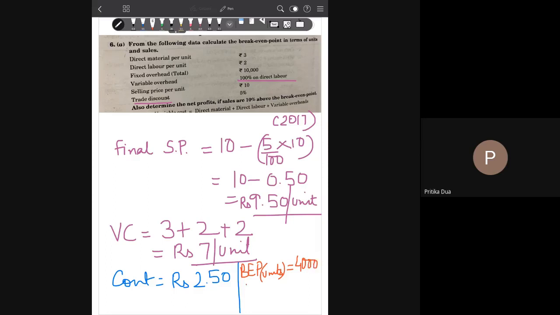So in rupees, it will be 4,000 into 9.5. So that will come to 38,000 rupees as break-even point in value terms. So when the sales is 4,000 units or an amount of rupees 38,000, the firm is able to break even.